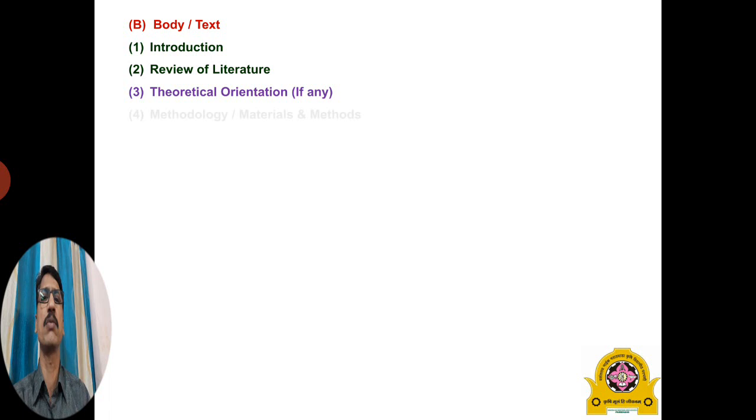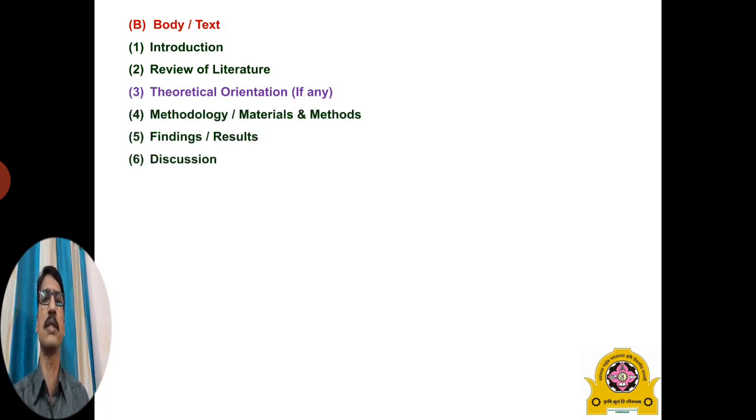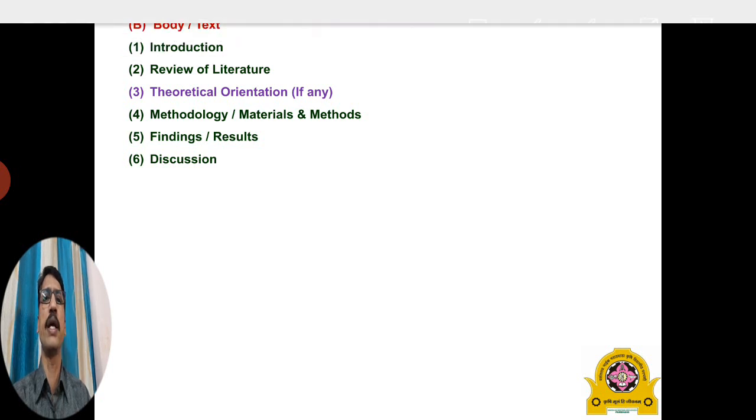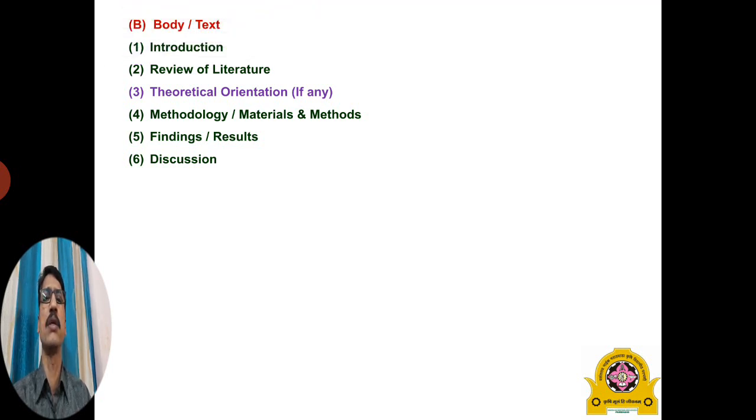Then thesis abstract. These are the major parts of the preliminaries. Next is the body or text of the thesis. It includes different chapters, and these may be five or six chapters. The body of the thesis includes the introduction, review of literature, theoretical orientation, methodology and materials and methods, then findings and results, discussion, the summary and conclusion, then implication or recommendation.